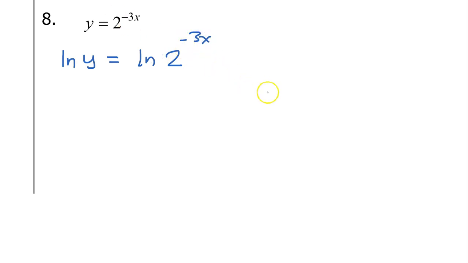The reason why I did this is because there is a property of logarithms which works like this. If I have the natural log of, let's say, a to the c power, I am allowed to take this exponent and put it in the front without changing the value of the expression. So this would be equivalent to c natural log a.